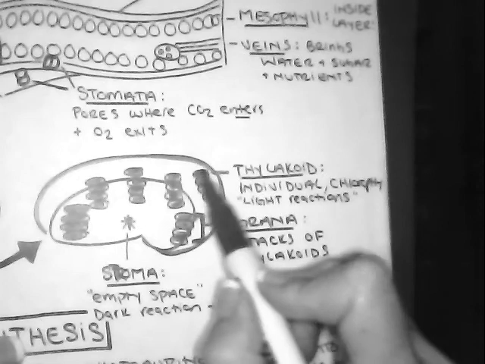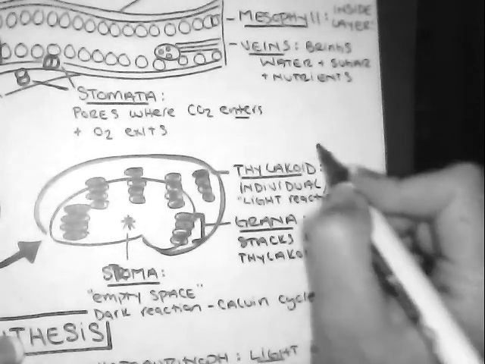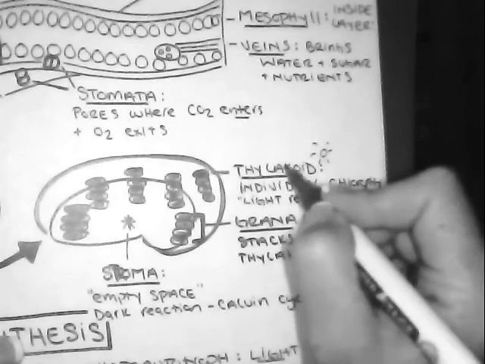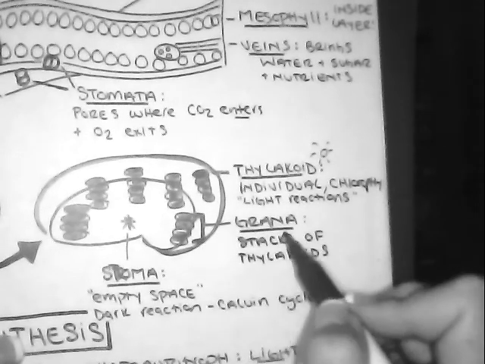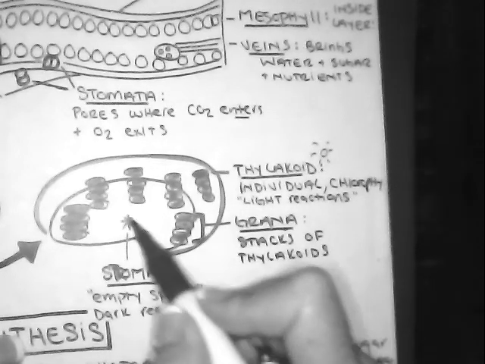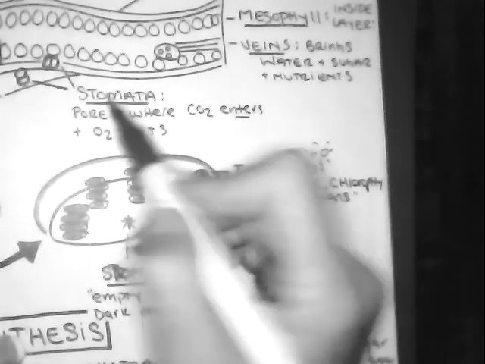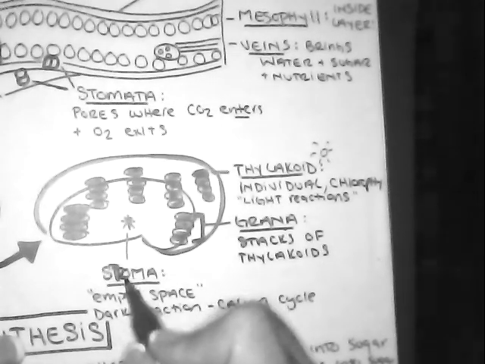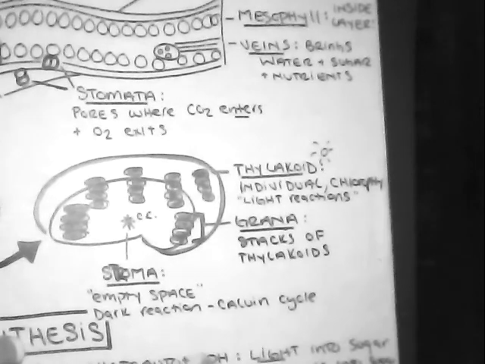Your thylakoid is your single disc that allows the sunlight to be captured within the chlorophyll. Stacks of thylakoids are known as your grana. And then we've got this empty spot in the circle known as your stroma. Not your stromata, but your stroma. And this is where your Calvin cycle is going to take place.